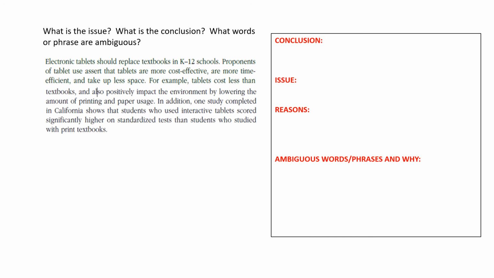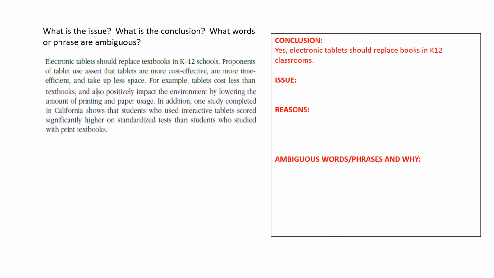All right, so in this argument, the author's conclusion is that yes, electronic tablets should replace books in K-12 classrooms. So remember, finding my conclusion first makes it much easier to find the issue. We know that based on what the author is writing, the author is for the use of electronic tablets.